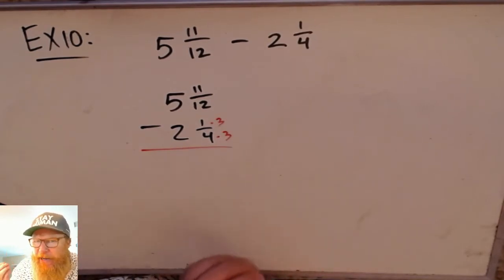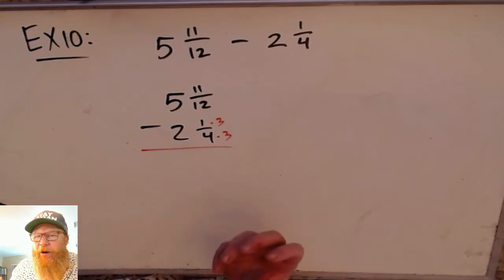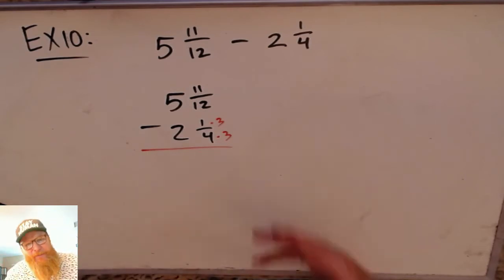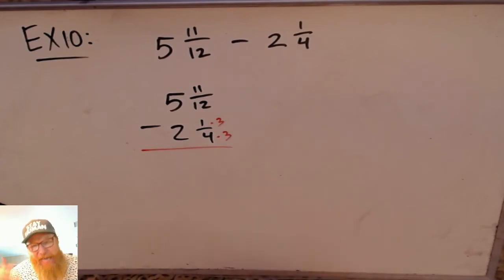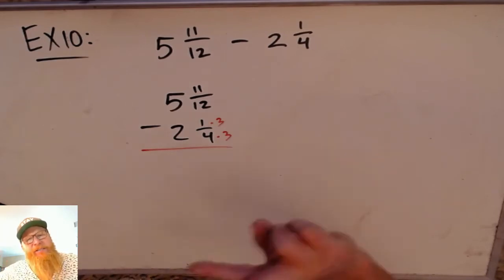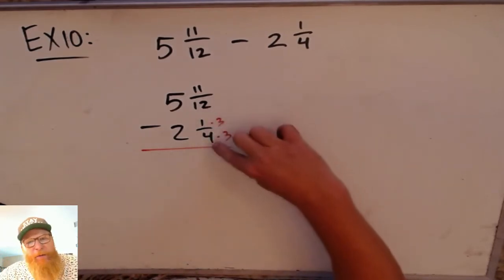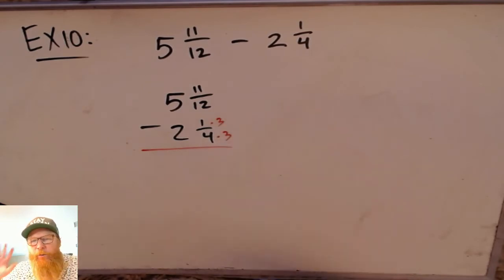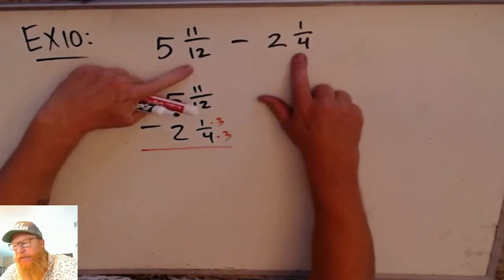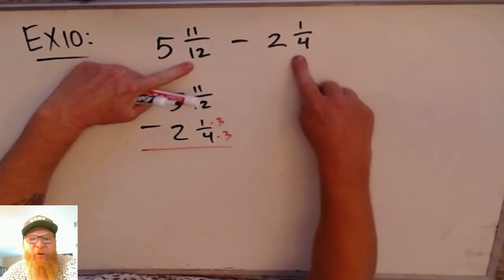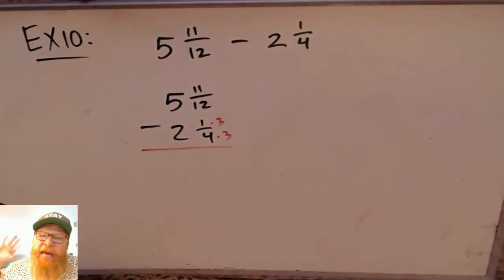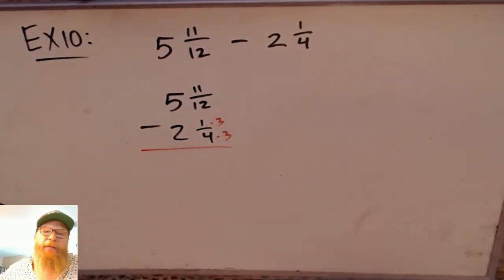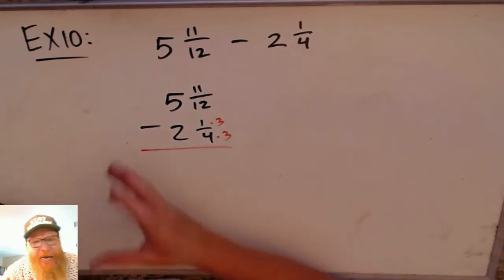I kind of made that point at the beginning of chapter 4, but it sometimes takes several examples of that. You go, oh, okay, sometimes you don't have to change both numbers, right? A real common mistake is simply to multiply these, 12 times 4, and get a big number like 48, and that's just overdoing it.